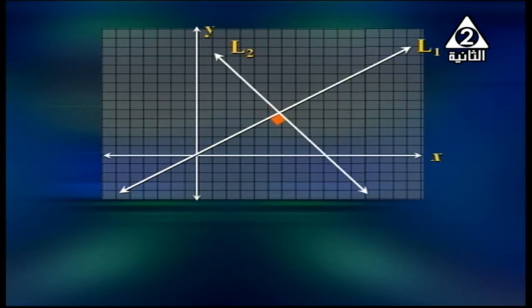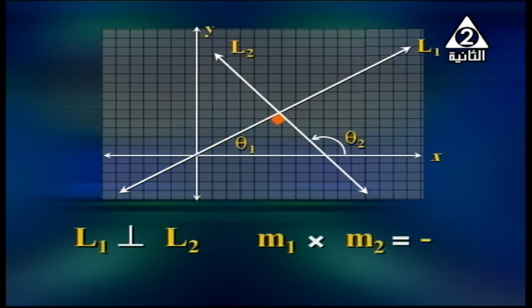L1 and L2 are two perpendicular straight lines. L1 makes an angle of measure theta 1 with the positive direction of the x-axis, and L2 makes an angle of measure theta 2 with the positive direction of the x-axis. Here, L1 is perpendicular to L2, and we are going to notice that M1 times M2 equals negative 1.